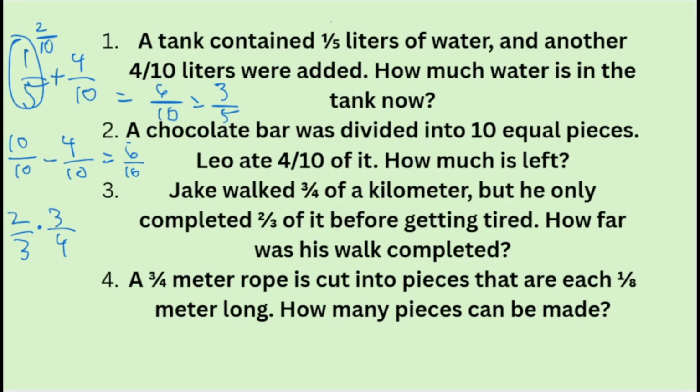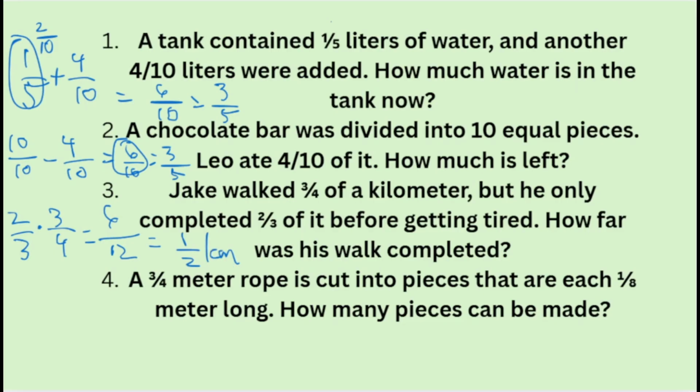We're gonna multiply the numerators with each other, and we're gonna get 6, and then we're gonna multiply the denominators, and we're gonna get 12. But that's not our final answer because we still have to simplify. Always remember to simplify. It's gonna be 1/2. 1/2 km was walked.